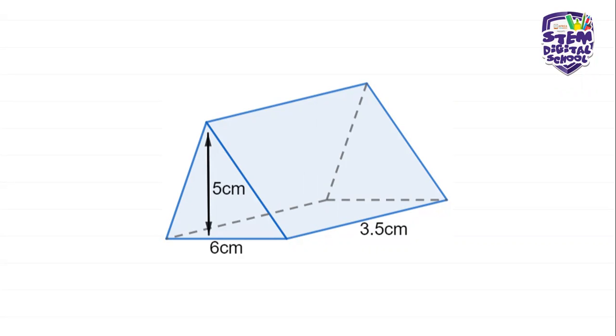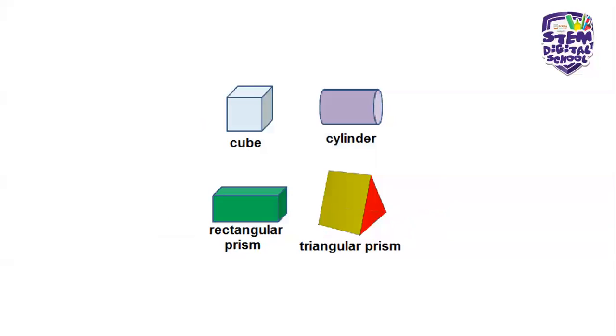And then of course, we have just demonstrated to you the importance of this particular activity. And just to recap once again, we spoke about the cube, the rectangular prism, the cylinder, and you can see our triangular prism at the bottom, the yellow and red drawing there.